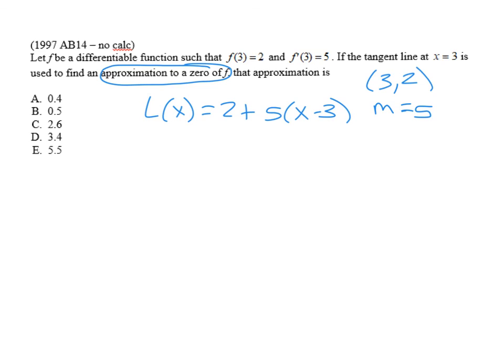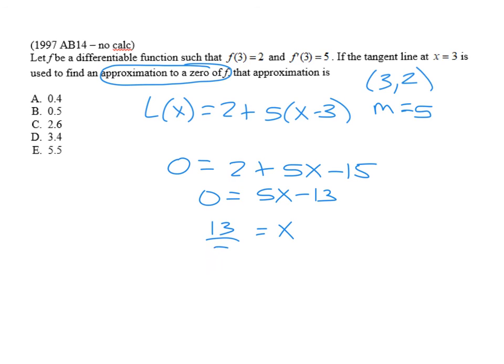That's my equation. Now I'm approximating a zero of f. Approximate the zero of f. So that is the y value equaling 0. So 0 equals 2 plus 5x minus 15. So that's 5x minus 13. So x is 13 over 5.